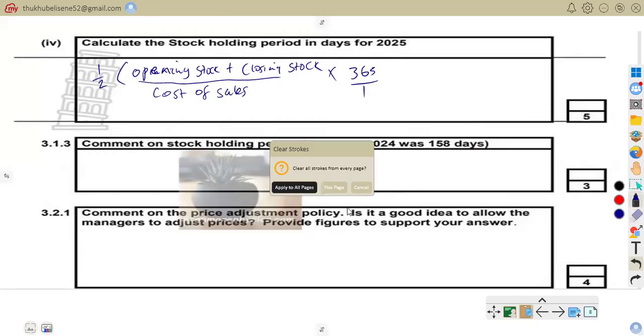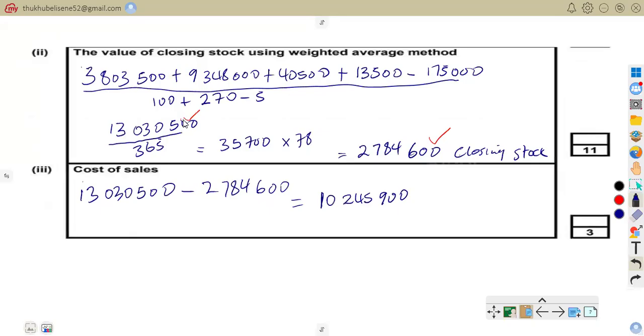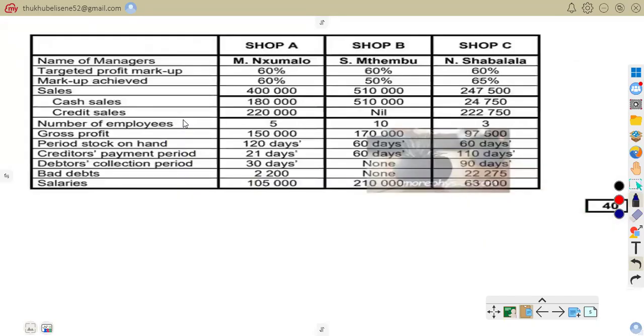Now let us come to the amounts, as you now know the formula. We have said it's half of our opening stock plus closing stock. So how much is our opening stock? It's very important that we know our opening stock.